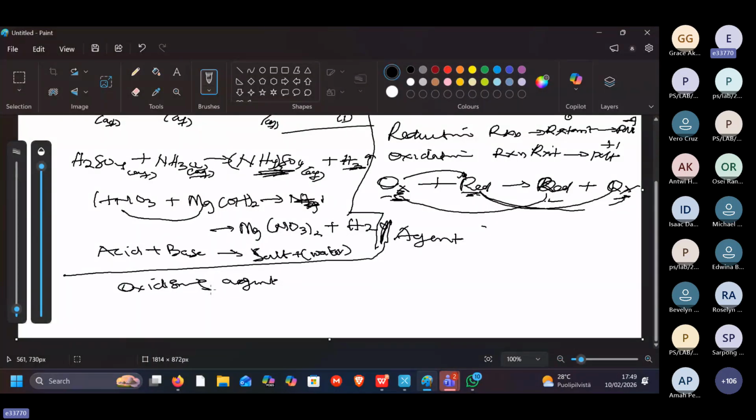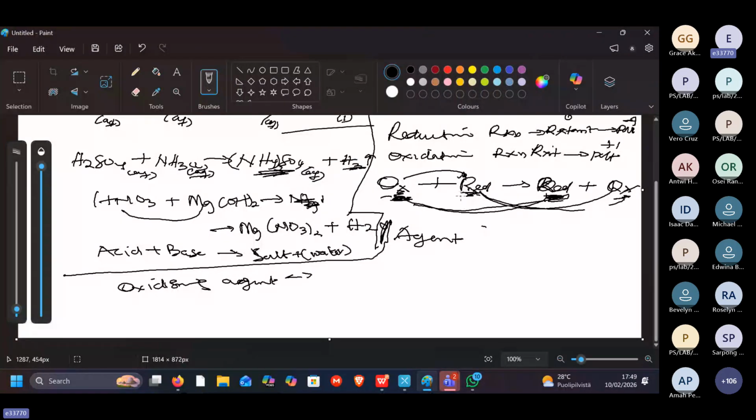By effect, this oxidizing agent causes one species to lose electron and go through oxidation, but at the end of it, the oxidizing agent itself is going to go through reduction. It will be gaining the electron. Now, the reverse is also true.